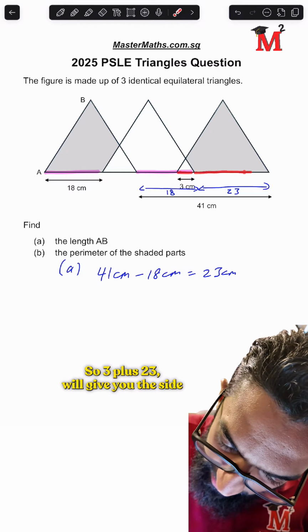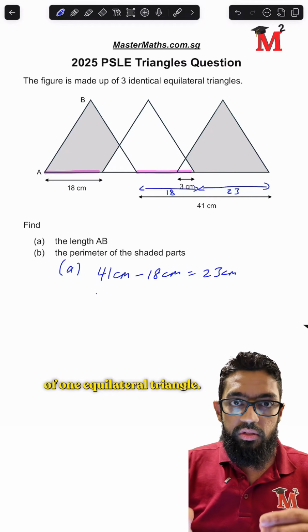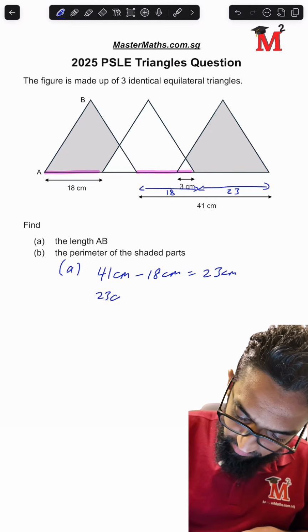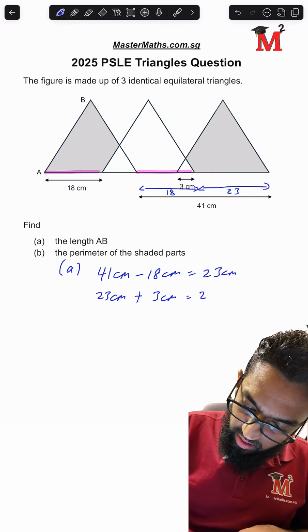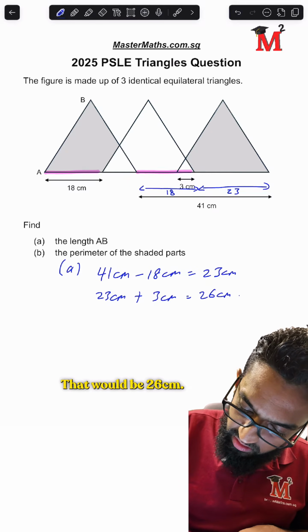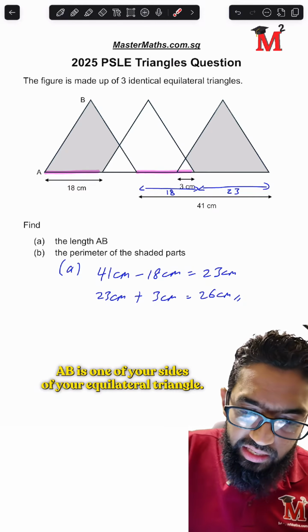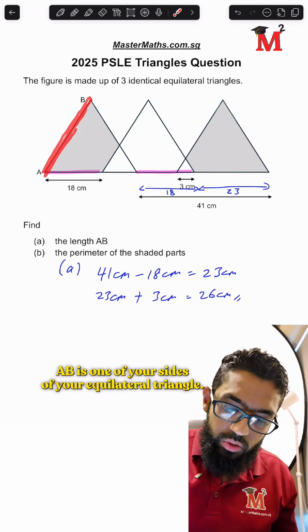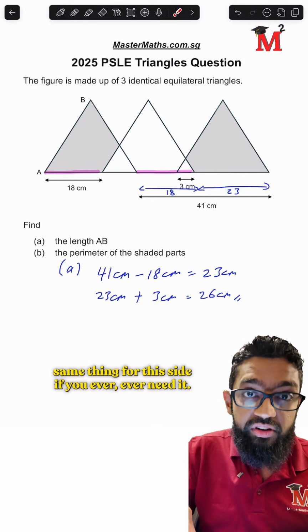So 3 plus 23 will give you the side of one equilateral triangle. 23 cm plus 3 cm will be 26 centimeters. My friends, this is literally your answer for part A. AB is one of the sides of your equilateral triangle. Same thing for the base, same thing for this side if you ever need it.